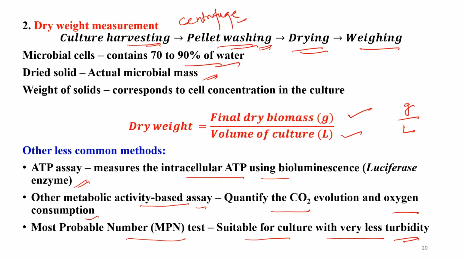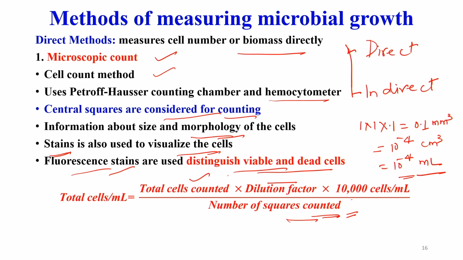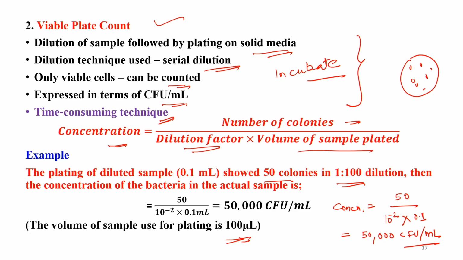The other option is to dry it and measure the dry biomass. And among the direct methods, the hemocytometer is a common one, but if needed we go for the viable plate count.